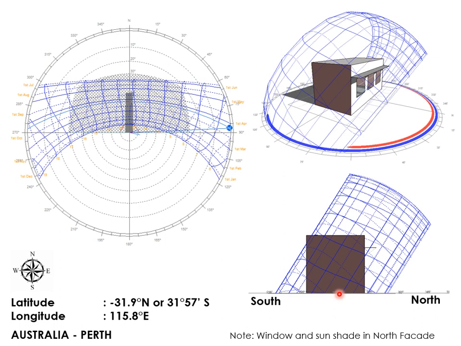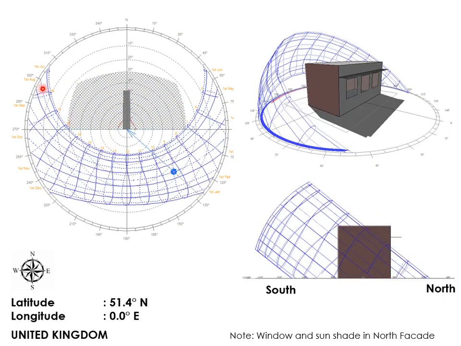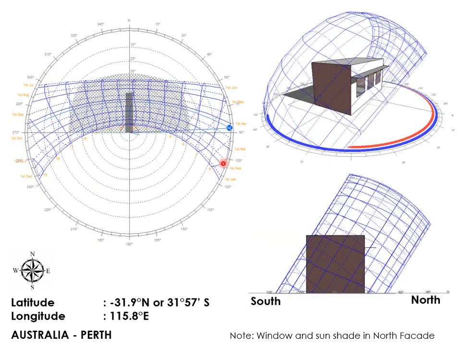If you are in the southern hemisphere, you have to understand the sun's movement is more towards the north. Previously we saw the sun path inclined towards the south, whereas in the southern hemisphere, for example Australia at 31 degrees 57 minutes south, the sun's movement is almost on the northern part of the building.